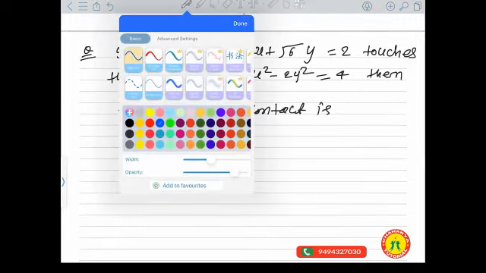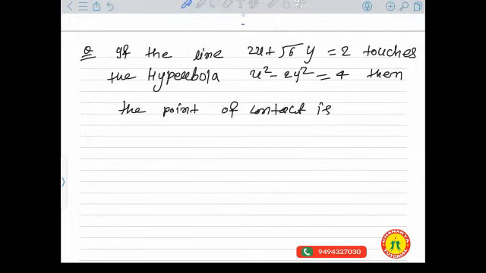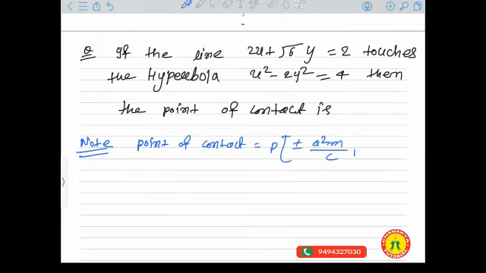If you remember point of contact, मैं नोट पॉइंट में लिख देता हूँ point of contact क्या होता है. Note: the coordinate of the point of contact is equal to, let P, plus minus A square m by c, plus minus B square by c.